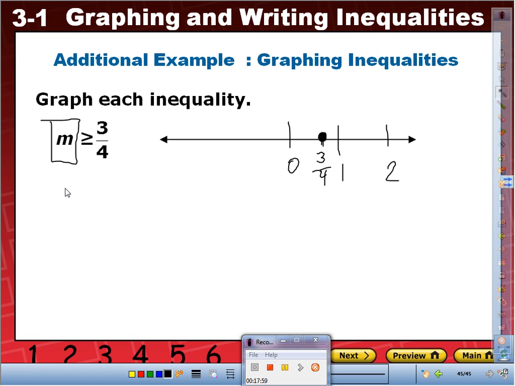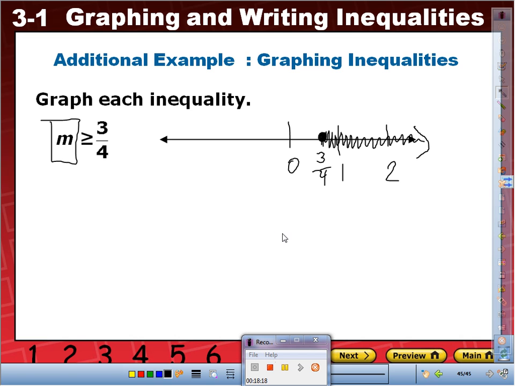What numbers are greater than 3/4? Yeah, or equal. That's why I already included this point. But what numbers are greater than 3/4? 1, 2, 3. Anything this side? So that means we shade everything going to the right. And you draw your arrow. That's it.